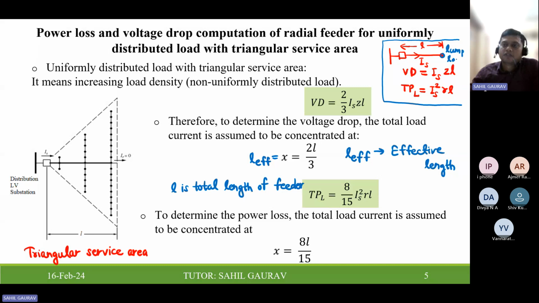For this lump load, how will we find the voltage drop for this feeder? The voltage drop is I into Z, so IS Z L, where Z is impedance per unit length, and power loss is I square R, where R is resistance per unit length, multiplied by L. Yeah, this is for the square or triangular area.